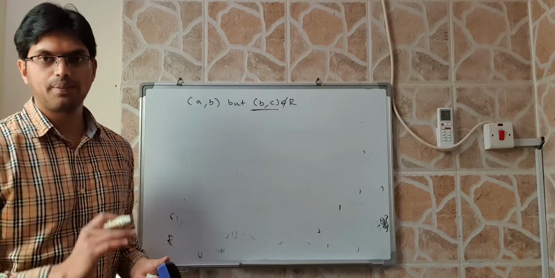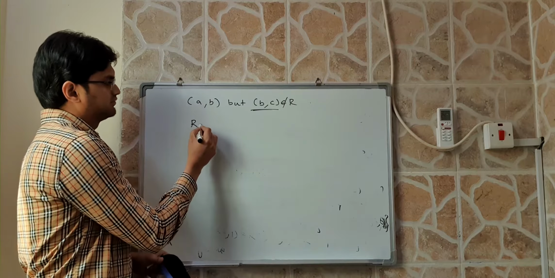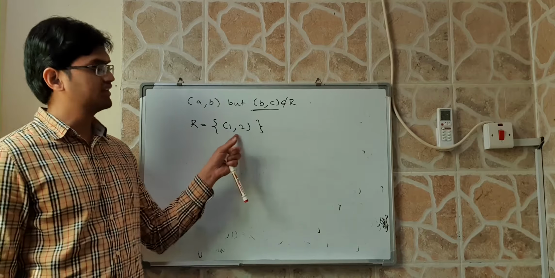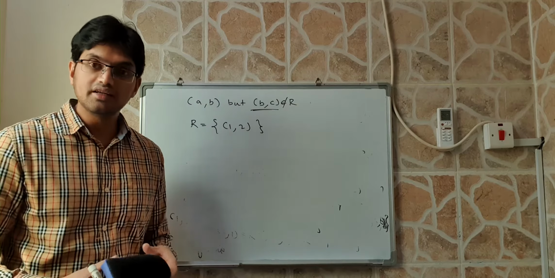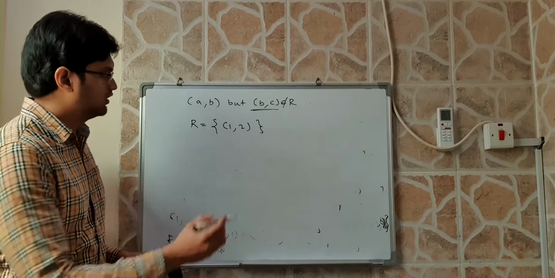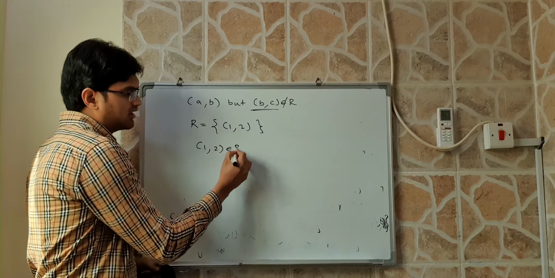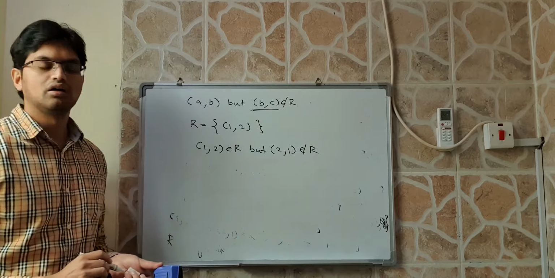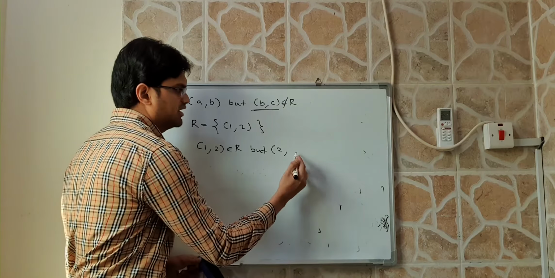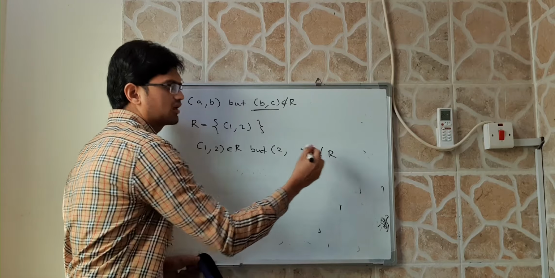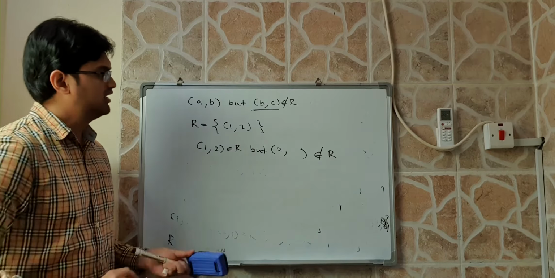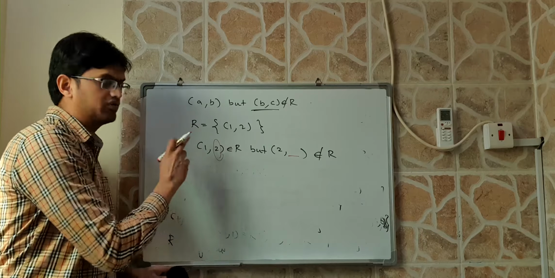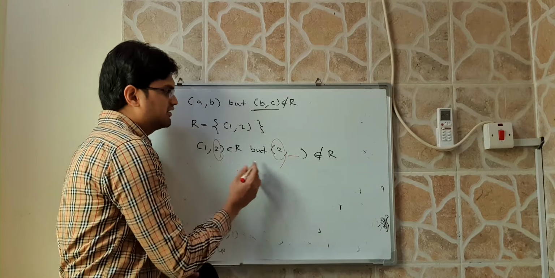For example, again, let us take R as {(1, 2)}. Can I say this is a transitive relation? Yes, it is transitive. Why? Because (1, 2) is there in R, but (2, 1) does not belong to R. (2, anything) does not belong to R. That means the second ordered pair is not provided to us.